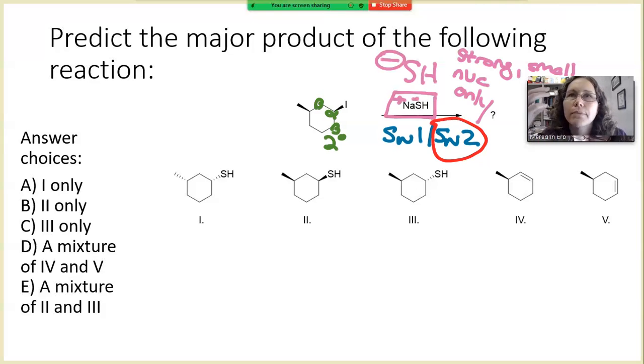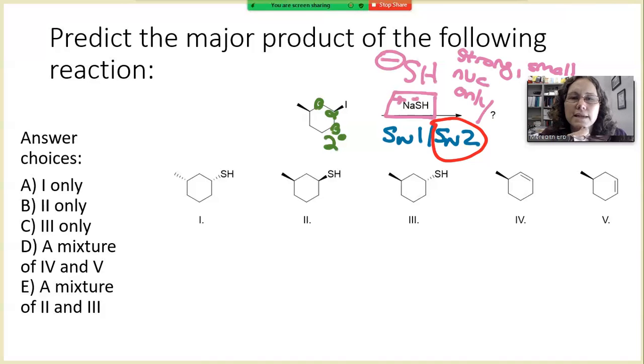In the actual lab, we might speed this reaction up by applying heat to it, for example, and that could, in theory, make it go faster. So an SN2 process, even though we have a secondary substrate. And again, this is because we have a nucleophile only, so elimination processes are not at play.